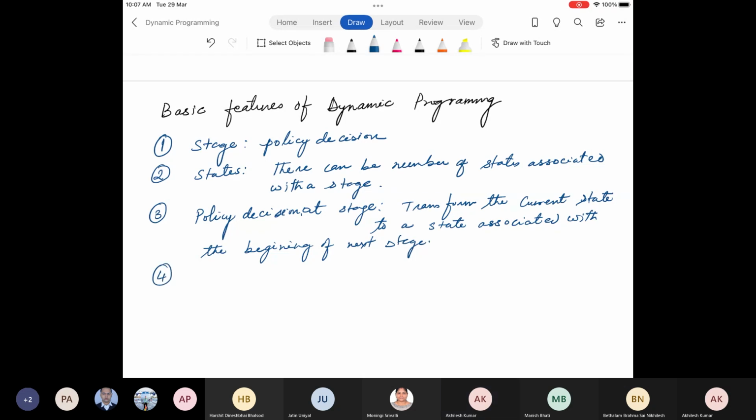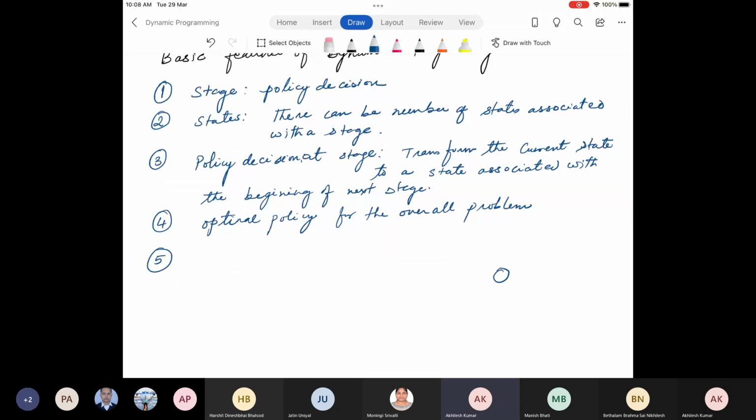Fourth one is the solution procedure designed to find an optimal policy for the overall problem. Fifth and very important: suppose in the stagecoach problem, in stage 2, when I'm in this stage, I do not care from which state I have come here.